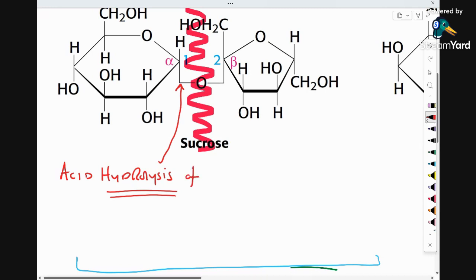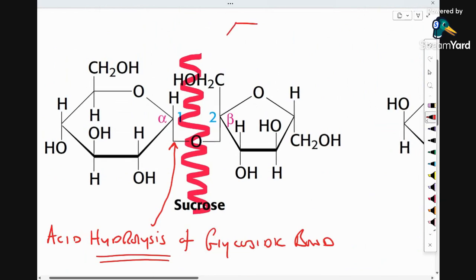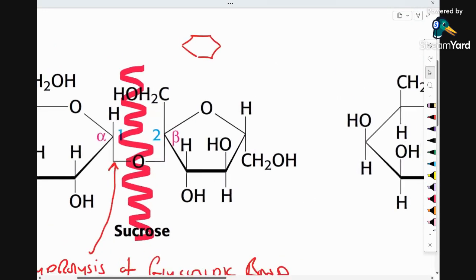Hopefully you appreciate that if we break this bond, we're going to liberate our two monosaccharides, whatever they are. Well, we don't technically know what they are, but if it's a non-reducing disaccharide, then it will split up and we will liberate our glucose and our fructose.